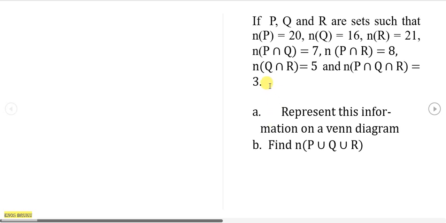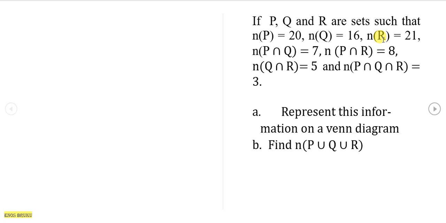Okay, today we have a question that we want to tackle. The question says, if P, Q, and R are sets such that the members of P is equal to 20, the members of Q is equal to 16, the members of R is 21, and then P intersection Q is giving us 7, and then P intersection R is giving us 8, Q intersection R is giving us 5, the intersection of P, Q, and R is giving us 3.